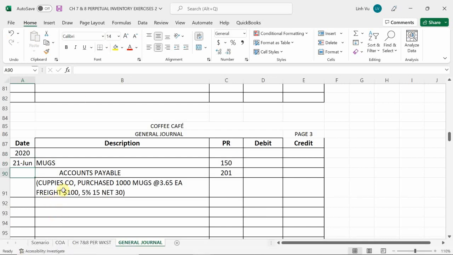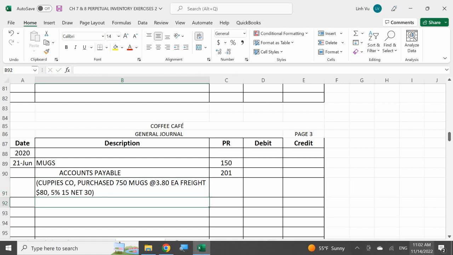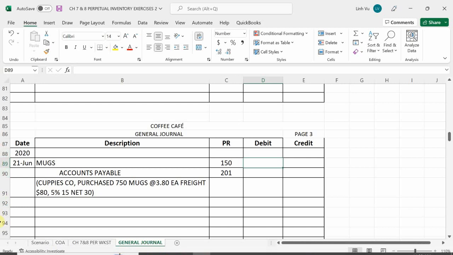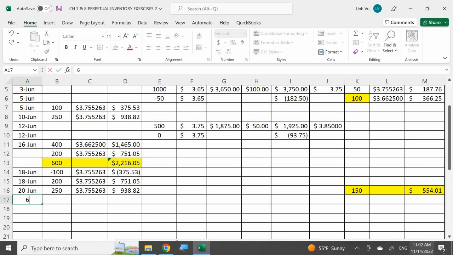This time we purchased from Cuppy's Co. 750 mugs at $3.80 each with a freight charge of $80, 5% 15 net 30. If you want to do your calculations, you could also do it in your inventory worksheet and then pop it into your journal later. So I'll go ahead and do that right now.